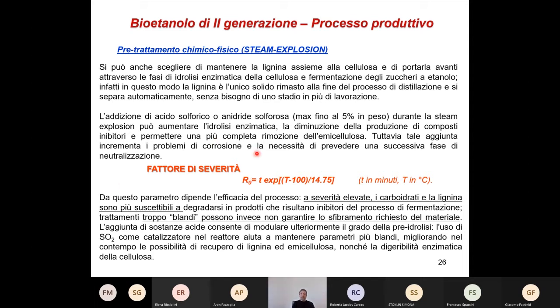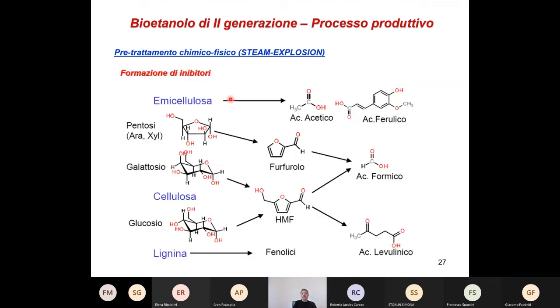Okay. And this is the meaning of what I was saying. Your objective is to transform cellulose into glucose and hemicellulose into xylose, for example, or also galactose. But if you use high temperatures and high pressures, you can also obtain a lot of other components, a lot of acids that can block the following reactions.